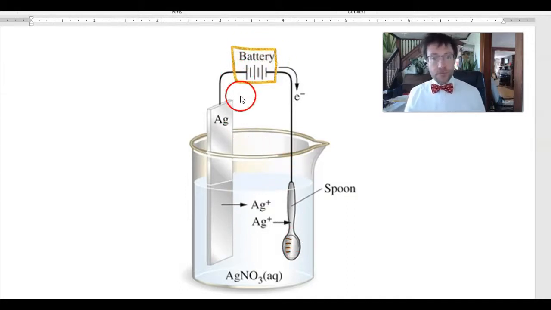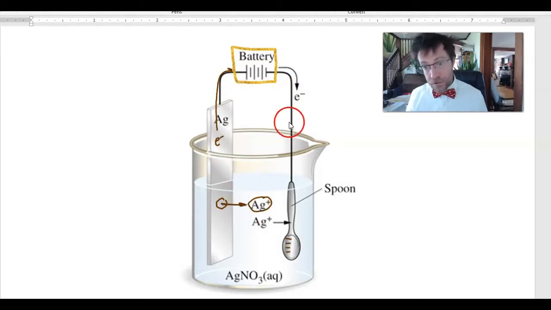So the battery pumps electrons. Electrons leave this hunk of silver, so a little bit of silver stops being silver metal and turns into the silver ion. That electron goes up here, gets pumped through the battery, and lands in the spoon, and a silver ion comes over here, is attracted to the negative charges, absorbs one electron, and turns into a hunk of metal.